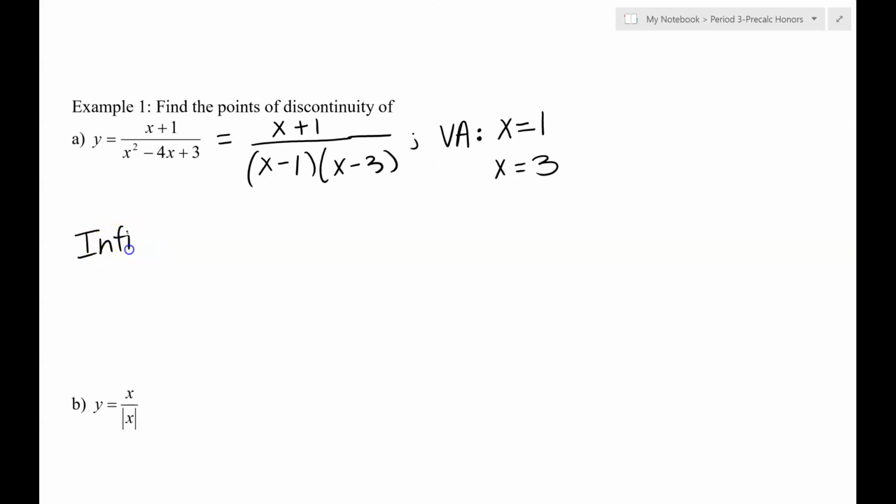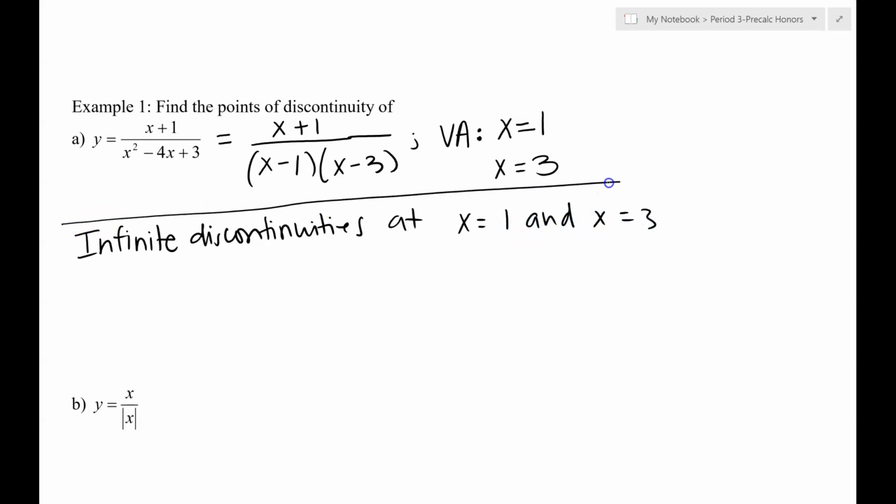These are called infinite discontinuities at x equals 1 and x equals 3. So that's what they are asking for if they are asking you to find the locations of the discontinuity.